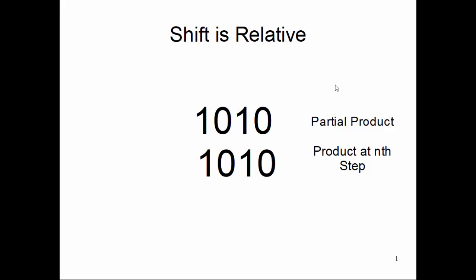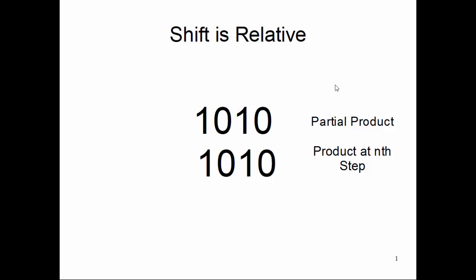So instead of doing a left shift with respect to the multiplier, while the multiplier is at a fixed position, it is basically equivalent to having the multiplier shifted to the right by one position, right? So shift is always relative. Shift is relative to one fixed point. With respect to that fixed point, you are shifting left, or you are keeping yourself fixed and the other reference point is shifting right, which is practically the same thing, right?